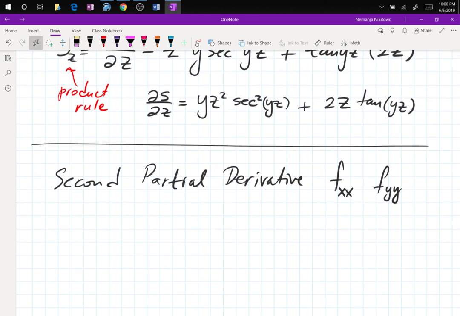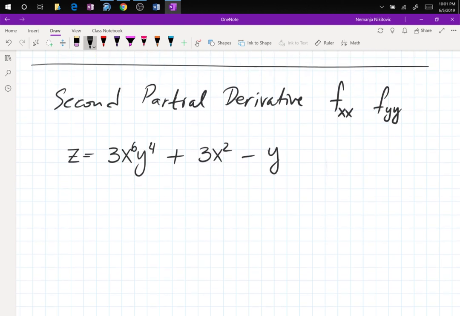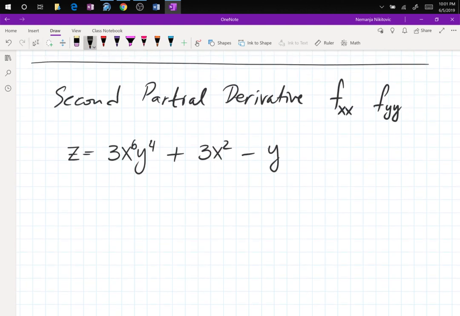So if I have, let's say, z equals 3x to the 6, y to the 4, plus 3x squared minus y, I can find fx, which is partial f partial x, or you can put partial z if that makes you happy, whatever.